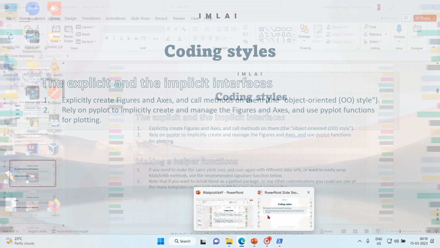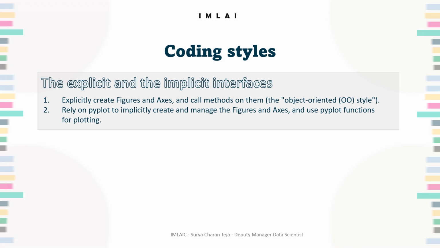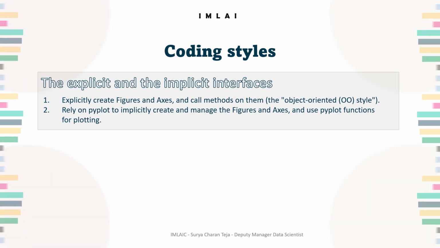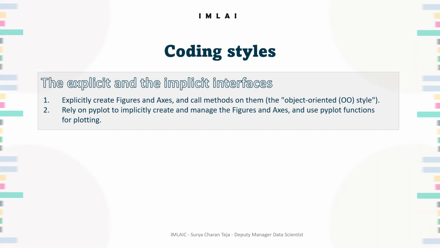Now let's look into the second type. It's the implicit interface. Here it relies completely on Pyplot to implicitly create and manage the figures and axes, and use Pyplot functions for plotting. The main difference between explicit and implicit is that in the first case, the figure and axis objects are created by us, and each and every method is manually attached to them.